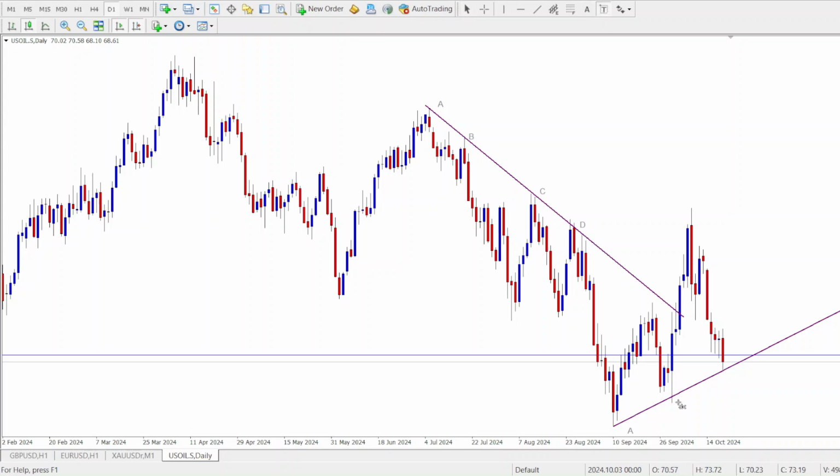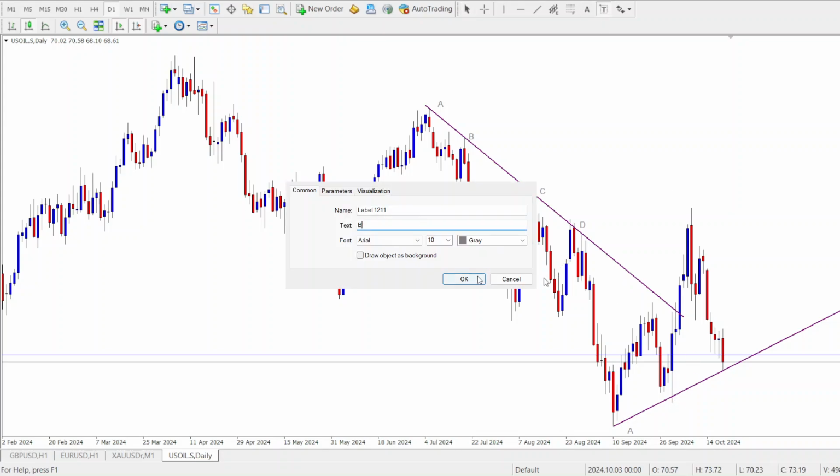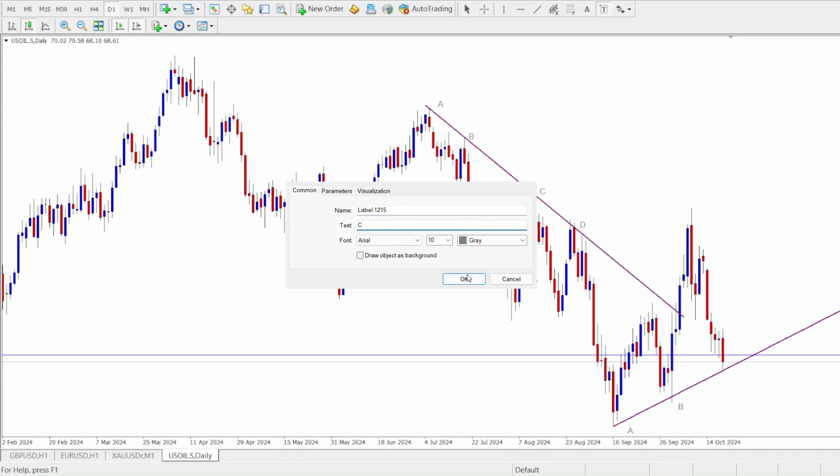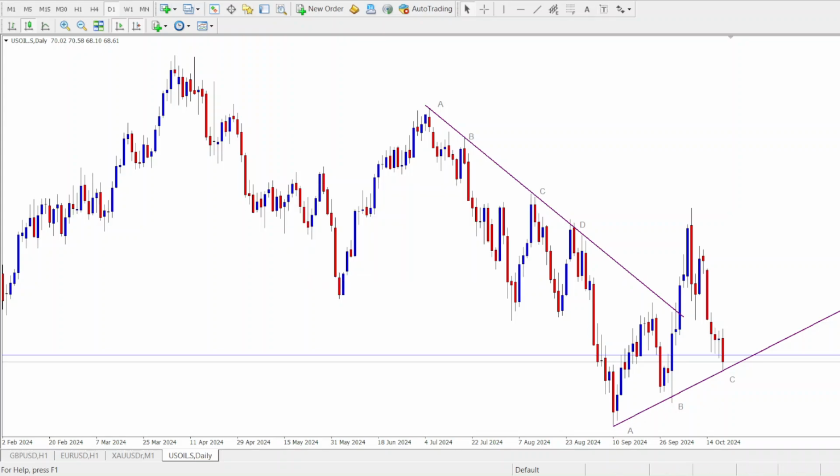This is our point A, this is our point B, and this is our point C. So this is an uptrend line. Now for a downtrend line, it connects two or more high points and it slopes downwards, indicating that the price is generally decreasing. So we have a downtrend line here, we have an uptrend line here.